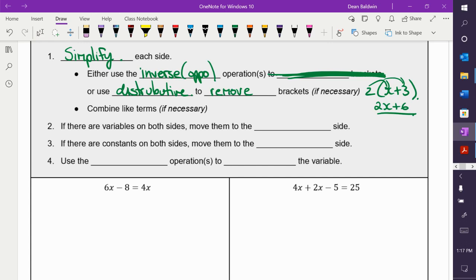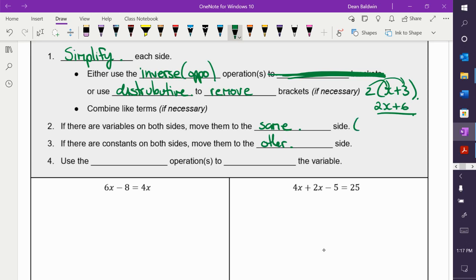Okay. If you have variables on both sides of the equation, get all your variables to one side. Pick a side. It doesn't matter. So move all your variables to the same side. And if there's constants or just numbers, move them to the other side. It doesn't matter which side you move your variables or constants to.